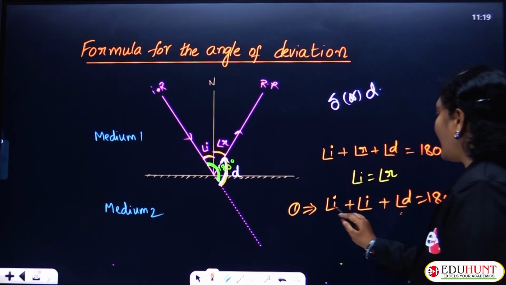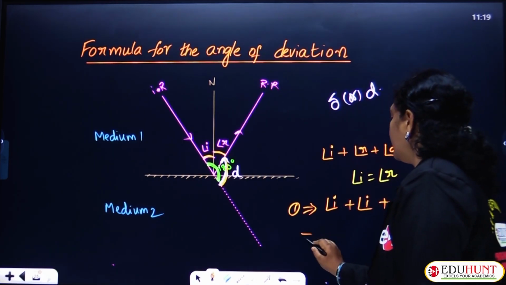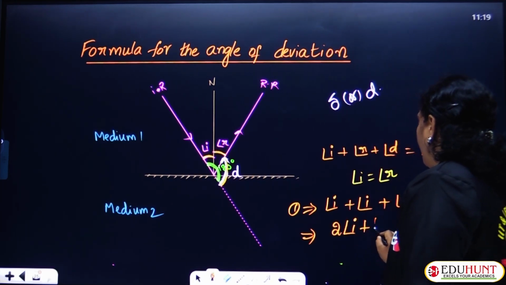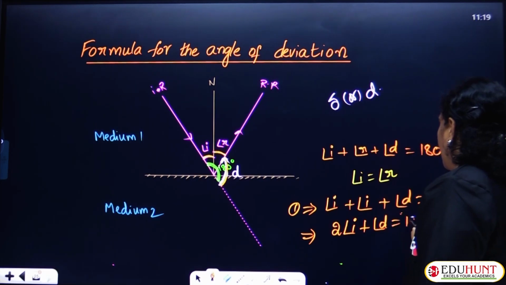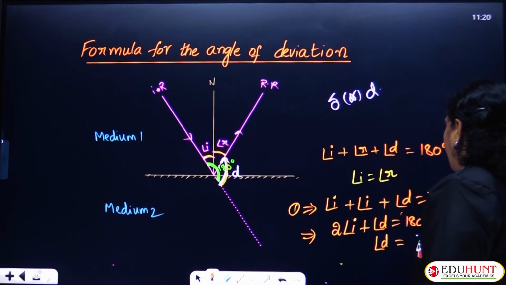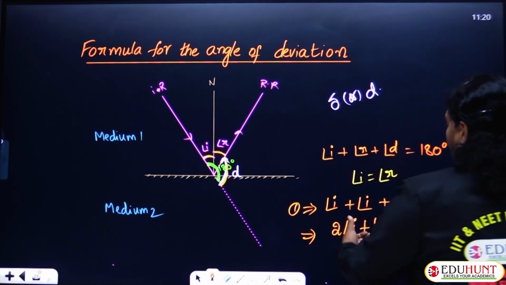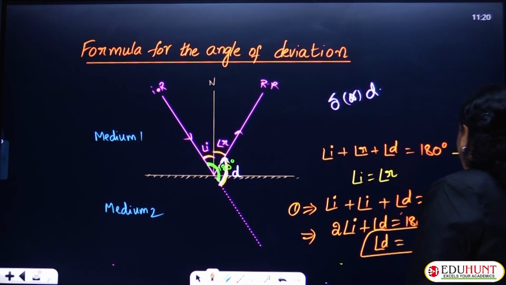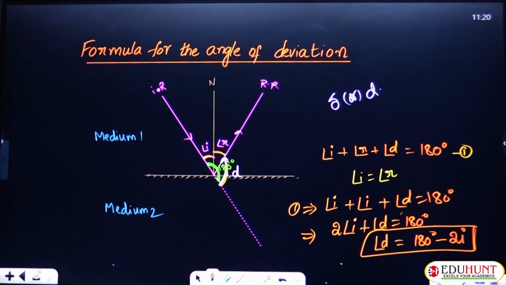What is angle I plus angle I? This implies 2 times angle I plus angle D must be equal to 180 degrees, or angle D is found to be 180 degrees, bringing the 2I to the other side. Either you write 2 times angle I or simply 2I, it makes the same sense.